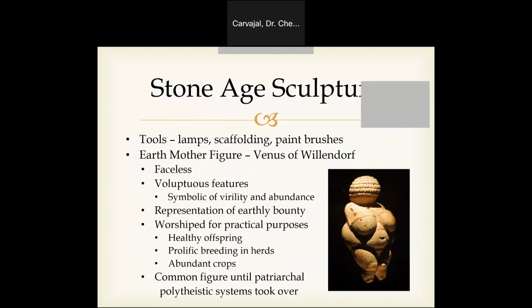We also know that we do have some surviving Stone Age sculpture, not a lot. And most of the figures that survive are very small. We're going to see some bigger ones when we get to the Egyptians. Probably the most important figure that pops up all over the world, actually, is the Earth Mother figure or Mother Earth figure.